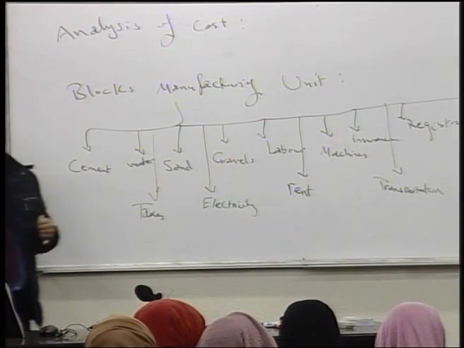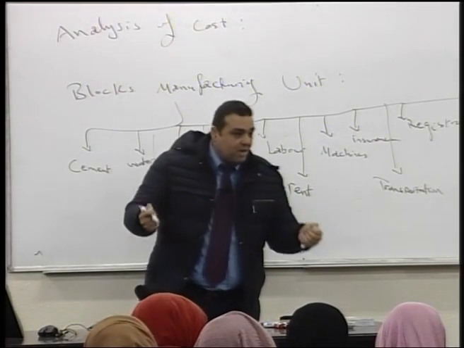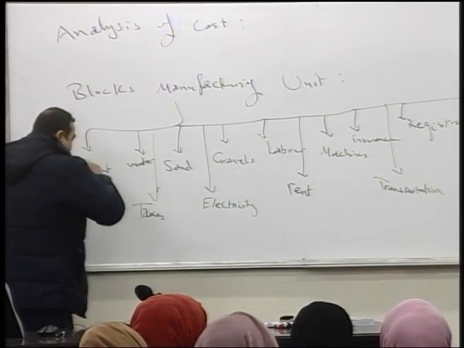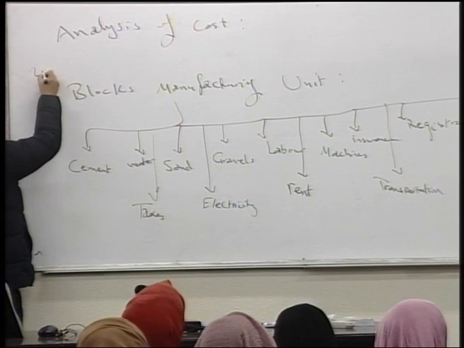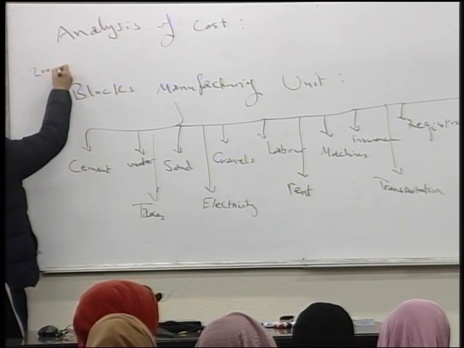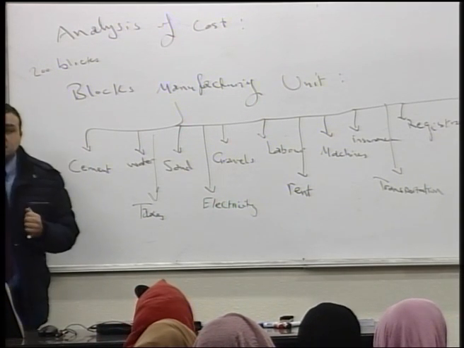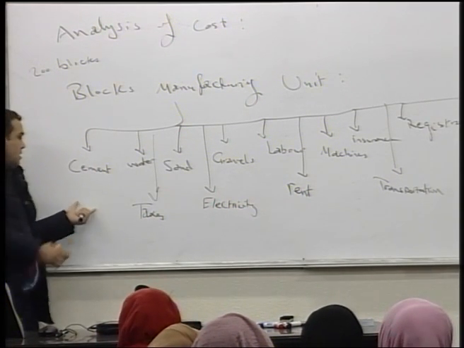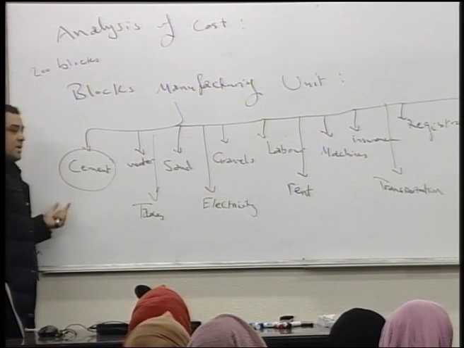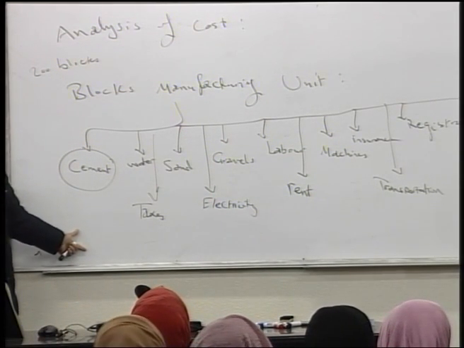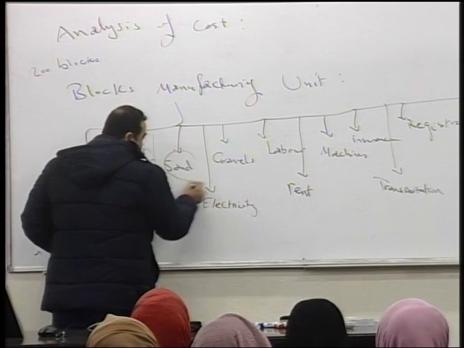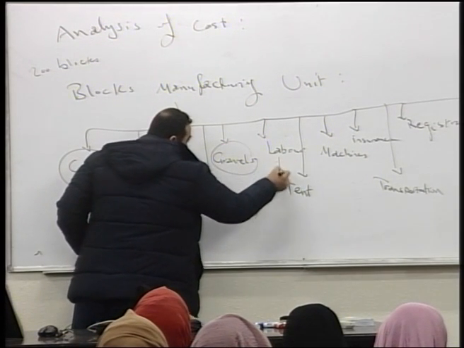Cement is an input to produce blocks, right? To produce 200 units of blocks, we need 20 sacks of cement, sand, water, gravels, and 2 workers.